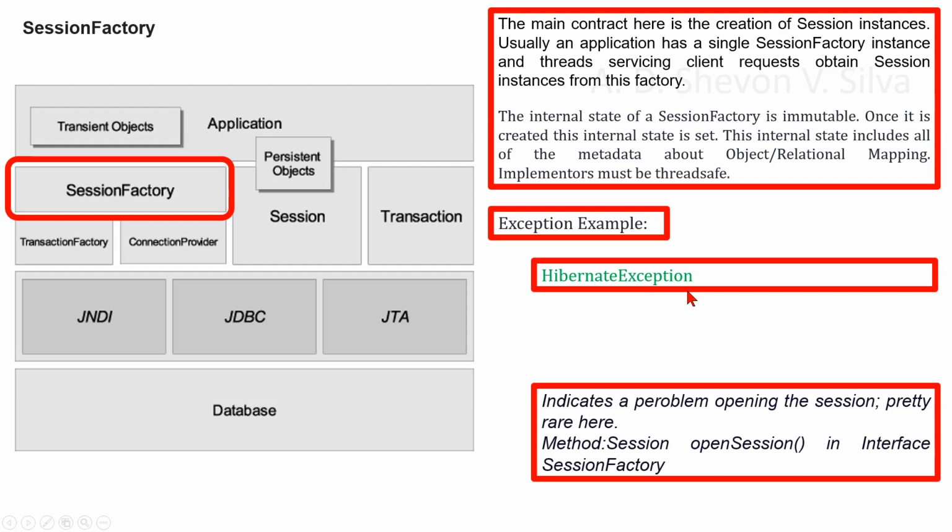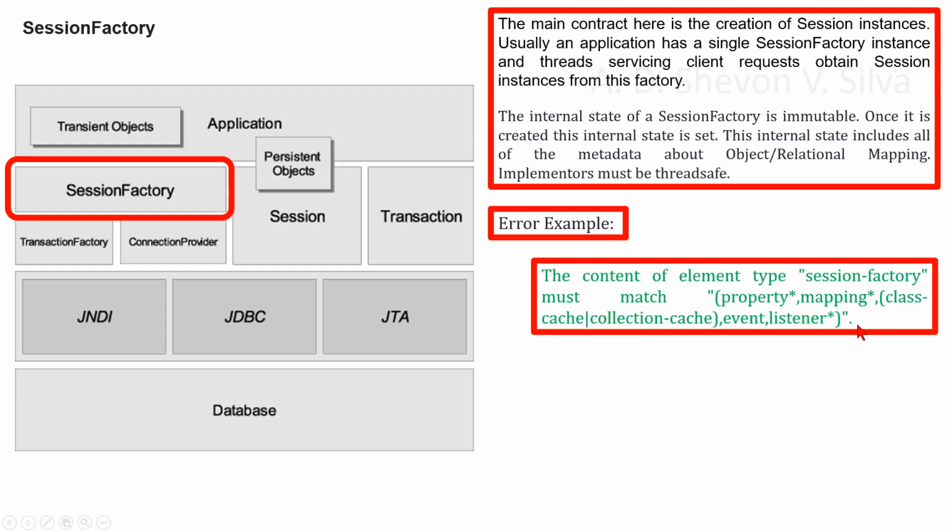For example, this exception can occur in the openSession method in the interface SessionFactory. As an error example, we can consider this one: the content of element type SessionFactory must match property, mapping, class-cache, collection-cache, event-listener.